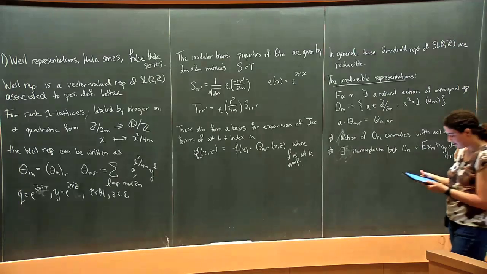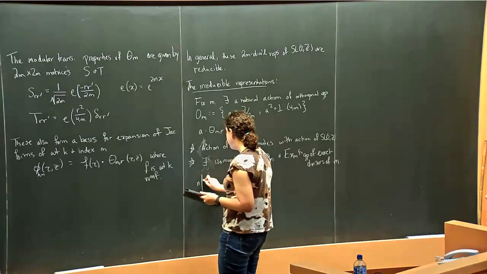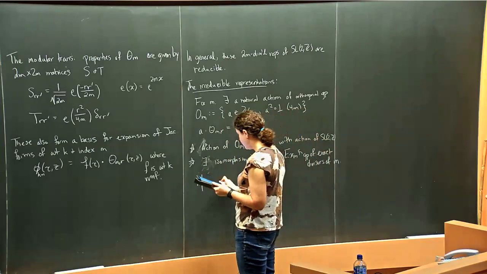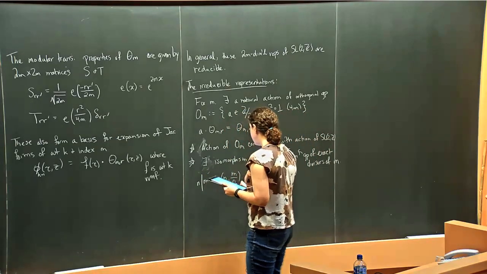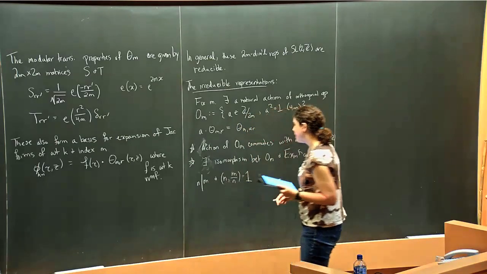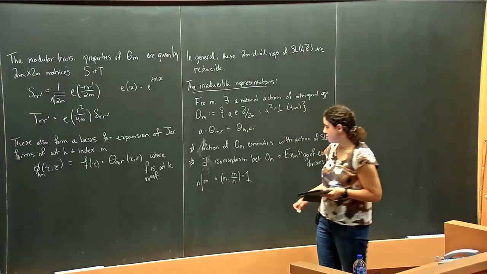And n is an exact divisor of m if n divides m and n and m over n have no common divisors besides 1.